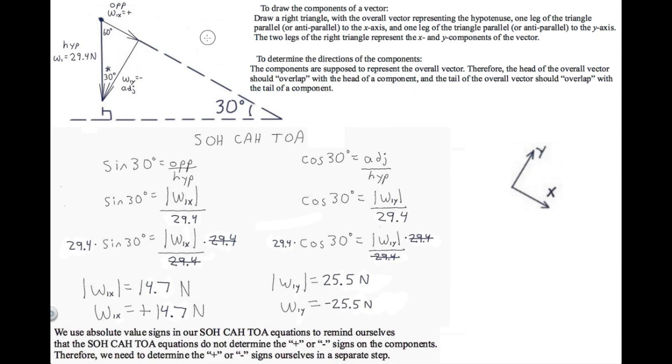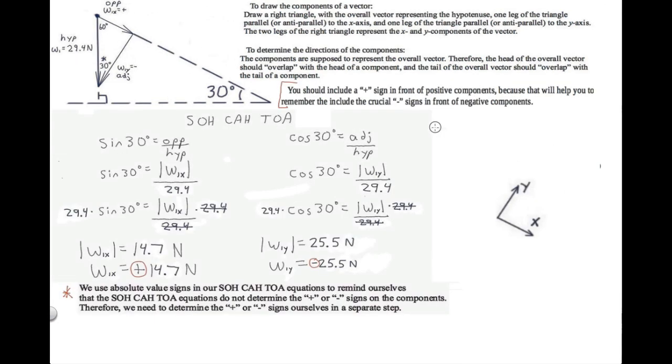I went into detail about the step-by-step process for breaking the weight force into components for an inclined plane problem in my earlier series on basic Newton's second law problems. Again, be careful to include the correct plus or minus sign in front of each component.